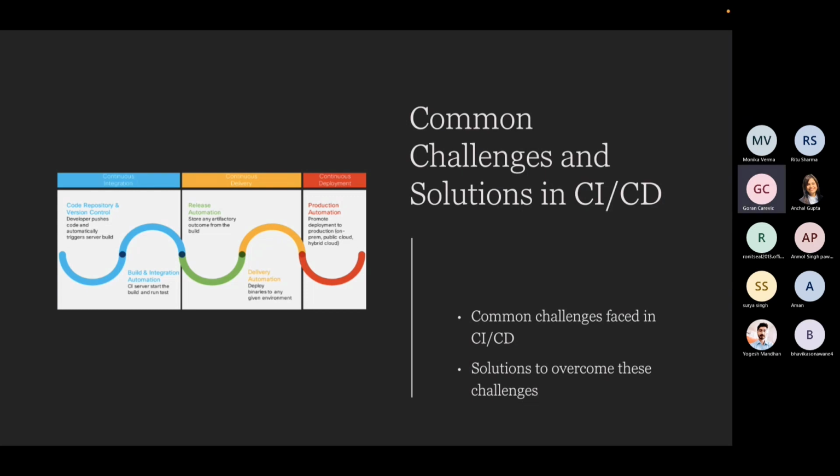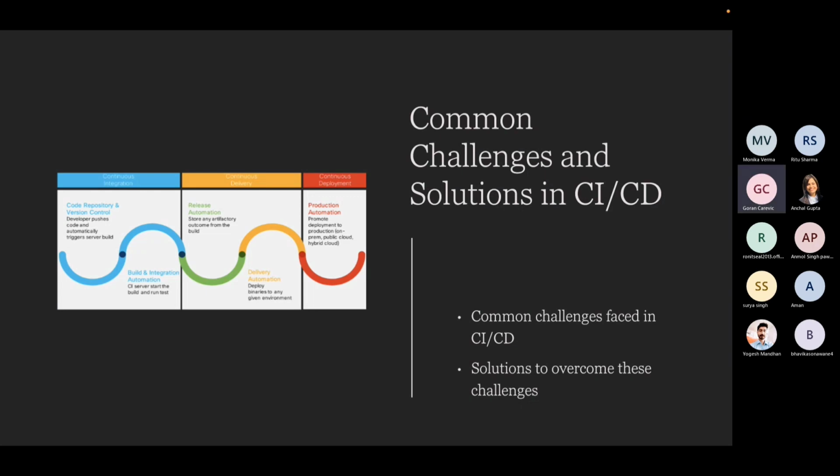Also, one of the common challenges that people face in CI/CD pipelines is the complexity of tooling. Basically, CI/CD pipelines can be complex and difficult to set up and manage. So you need to ensure that you have the right skills and knowledge to manage the pipeline efficiently.